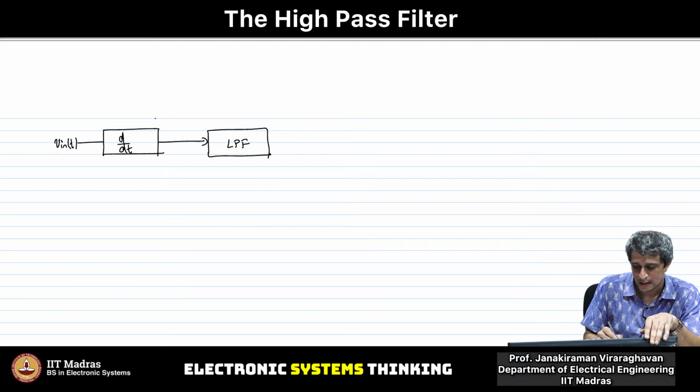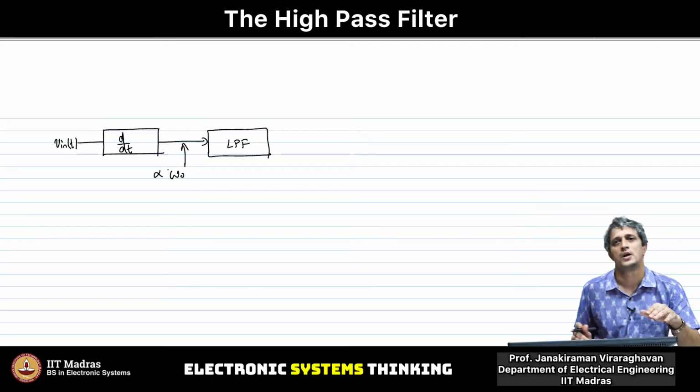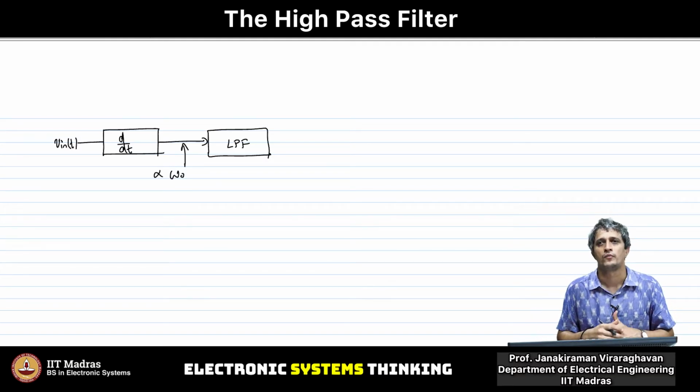So this block here, which is the derivative block d by dt, is causing the input at this point to go up proportional to omega naught. That means higher the frequency, higher the input to this low pass filter, right?